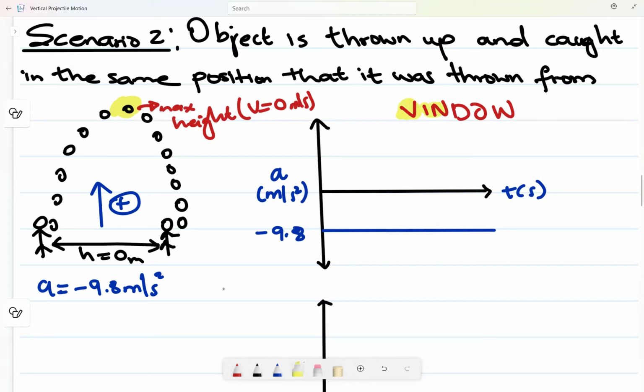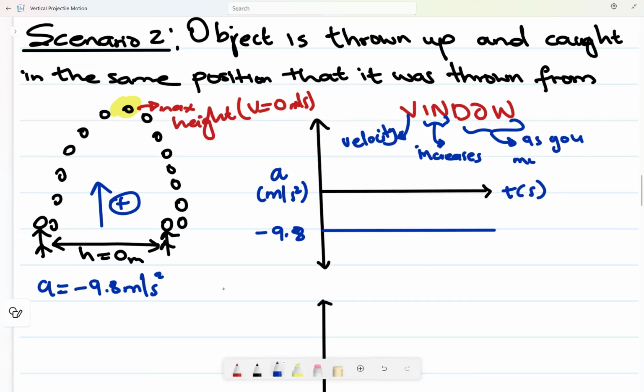I repeat: the window says velocity increases as you move down.